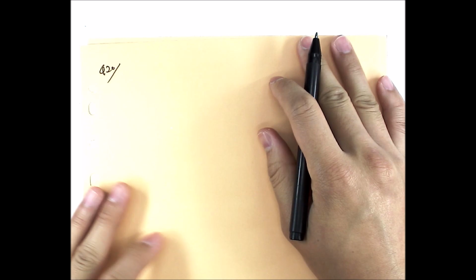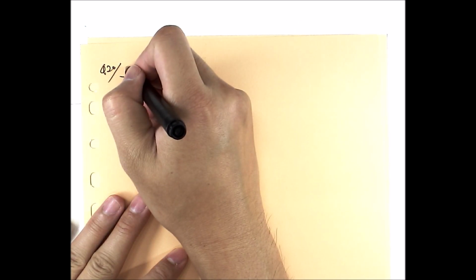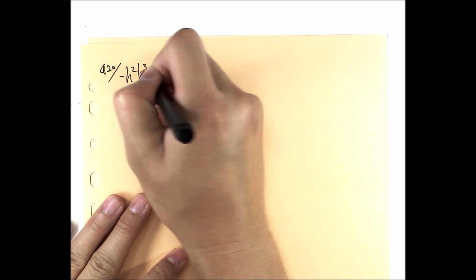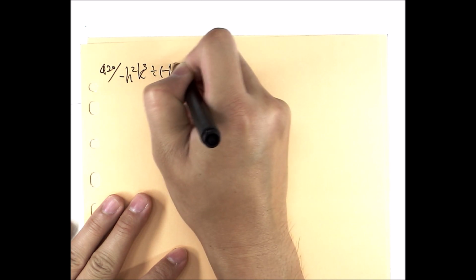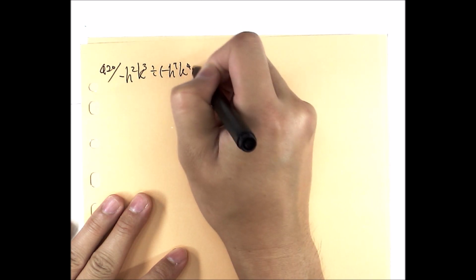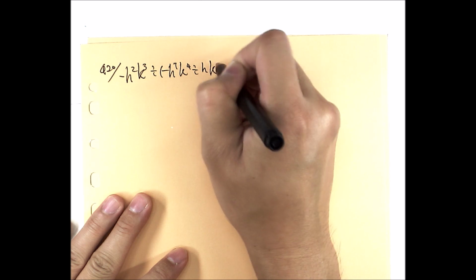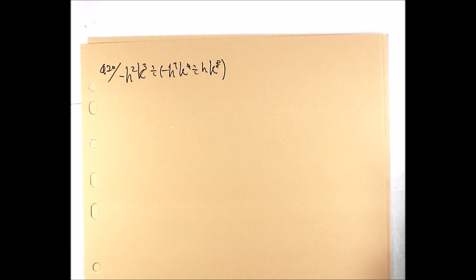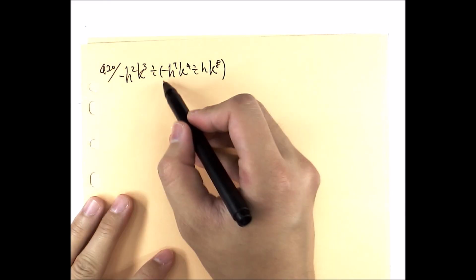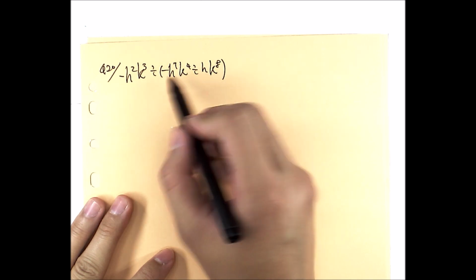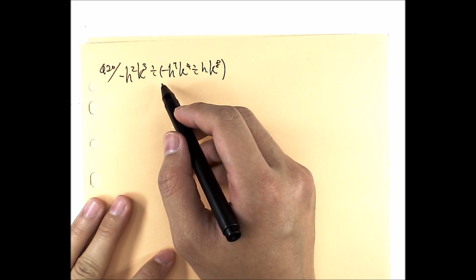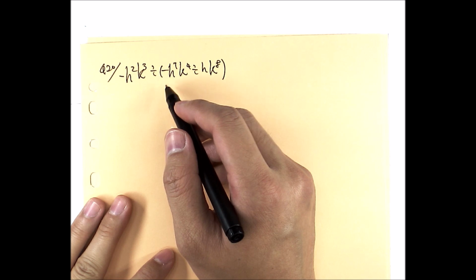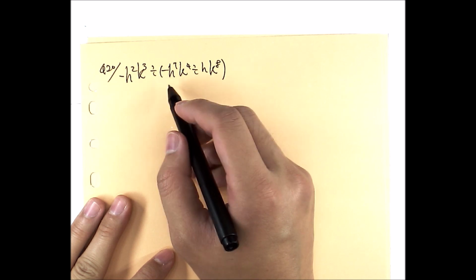So keep going. Go to 20. Minus n squared k to the power 3 divided by minus h to the power 7 k to the power 4, divided by h and then k to the power 8. Because there's a bracket here, I don't recommend doing all the things at one time.